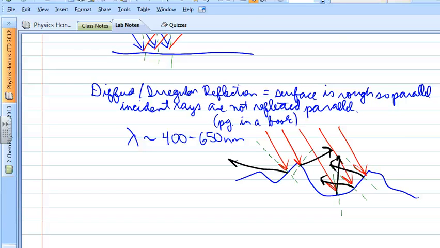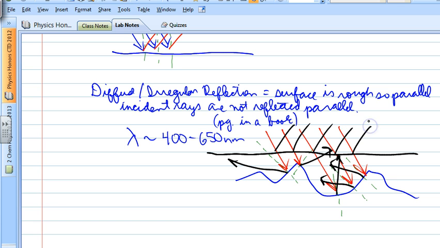There's a picture of a road when it's dry, and you can't really see reflections very well, and then all of a sudden it rains and the rain fills in all the little pits and irregularities in the surface, so it levels off the surface, and now you're going to have specular reflection. And so that's why on a rainy night you often see reflections of all of the lights in the road, the headlights, tail lights, etc.